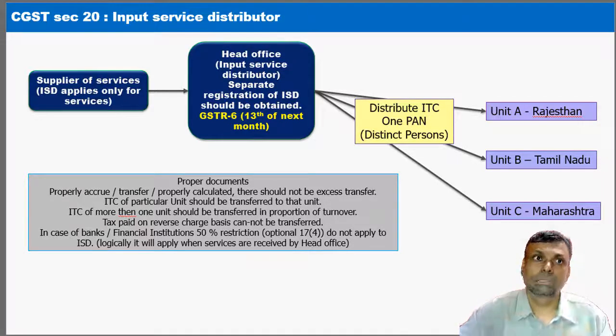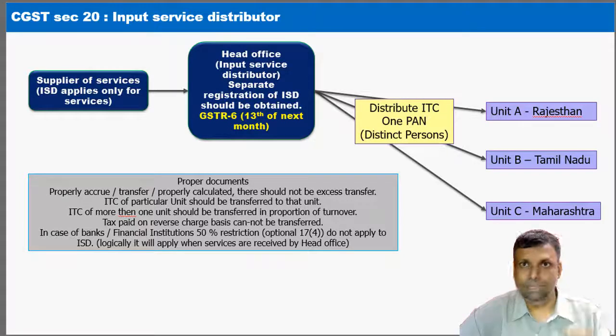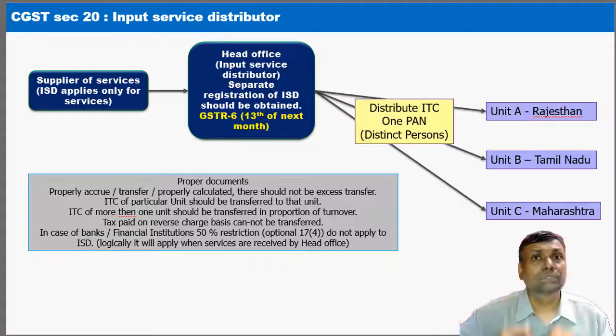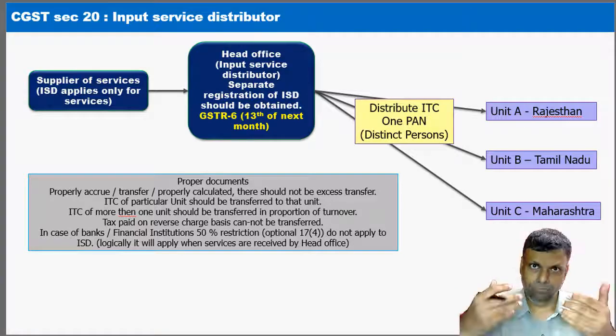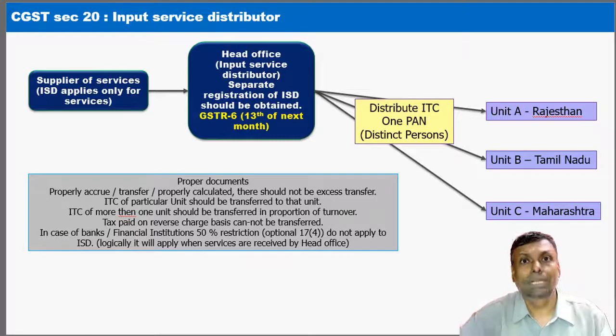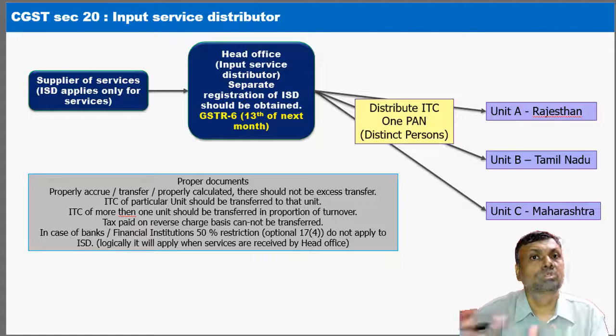So it will register separately in a status of input service distributor. So it will have the input taxes and it will transfer the credits. I repeat, it will transfer the credits to the respective branch, division, unit, factory, etc., as the case may be, and your credit from your ledger will get transferred to the respective places, and those respective divisions will be able to utilize the input tax credit.